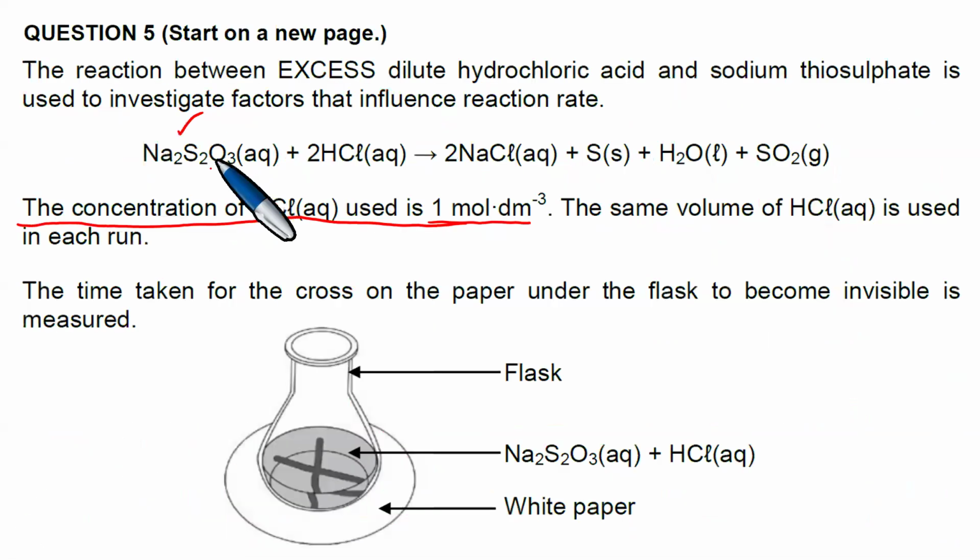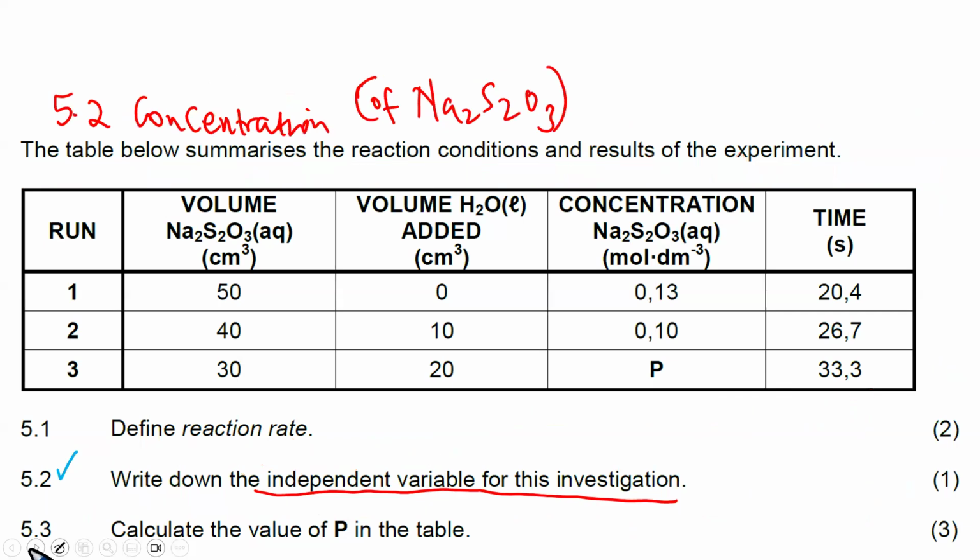We're reacting sodium thiosulfate and HCl, and the HCl's concentration is 1 mole per cubic decimeter, and we're just changing the concentration of this until the cross becomes invisible, so that we don't see the cross anymore. Next, calculate the value of P.